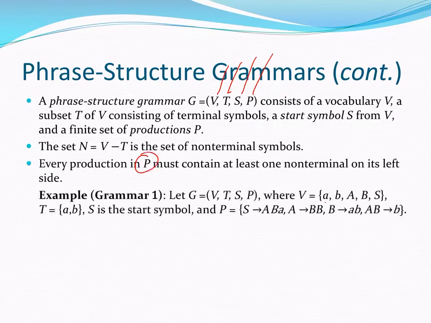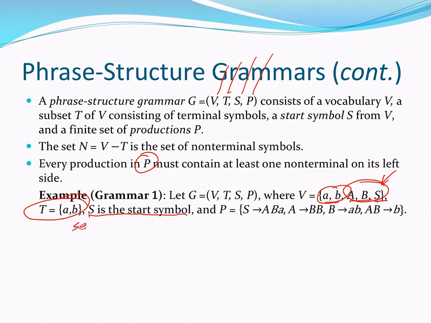Here's an example grammar. The vocabulary is lowercase a and b, uppercase A and B, and S. Usually the non-terminal symbols will be capitals and the terminal symbols will be lowercase, and indeed we see that T contains a and b, the lowercase. We have a starting symbol. It's just S in this case, always going to be a member of your vocabulary. What was the starting symbol for my earlier example grammar?